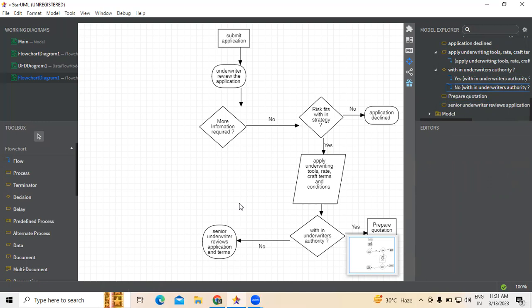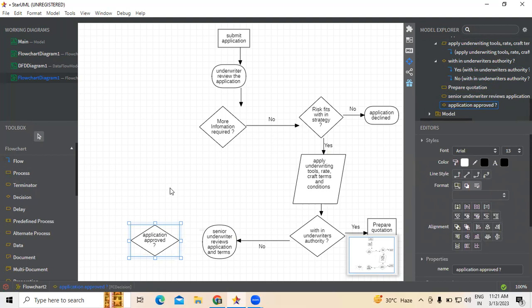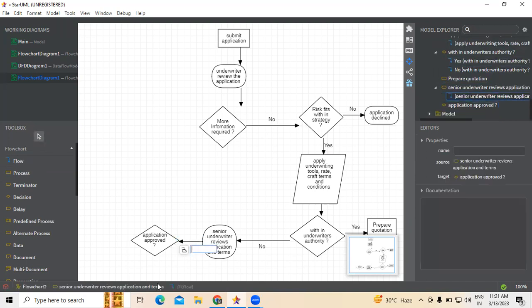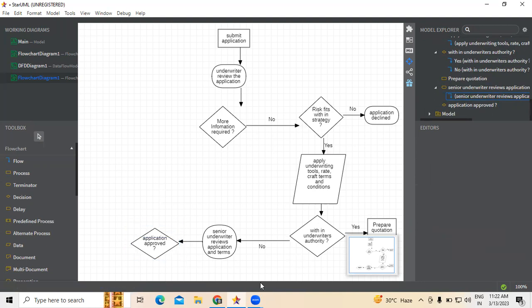So from here onwards, we again have to select whether the application was approved or not. Once we have selected this, if it is yes, automatically the prepare quotation step can be taken.